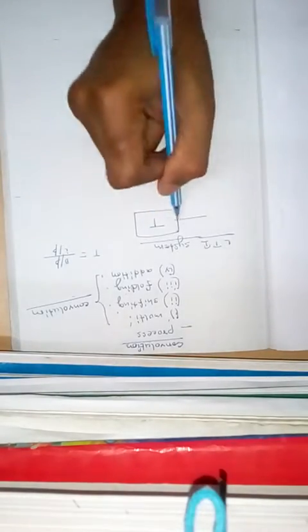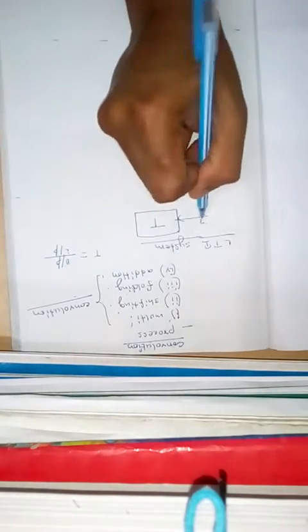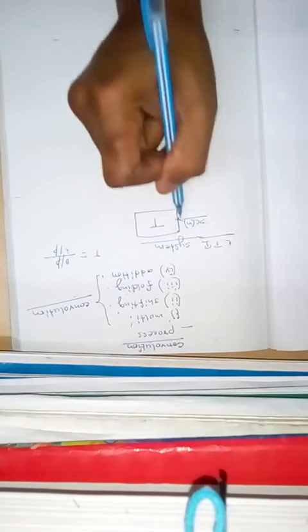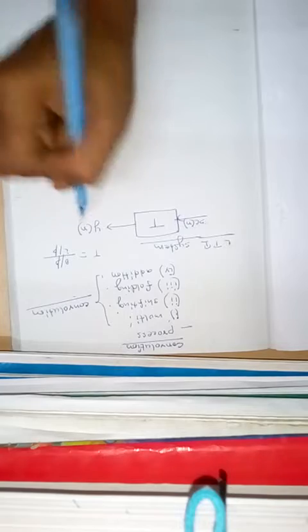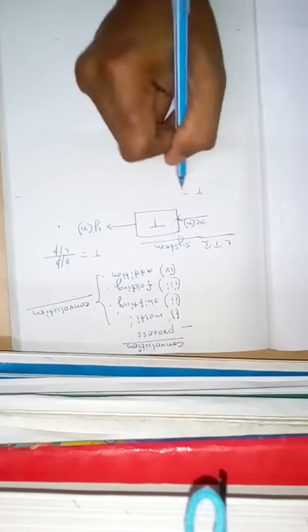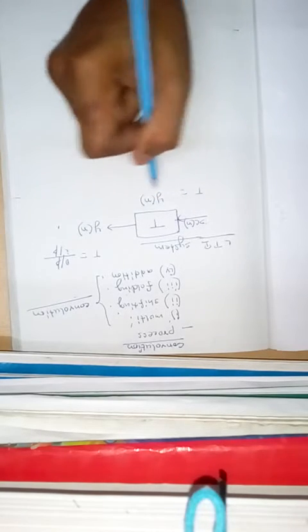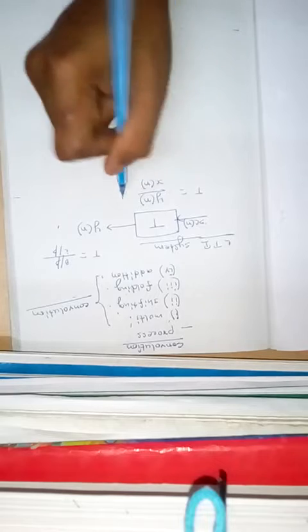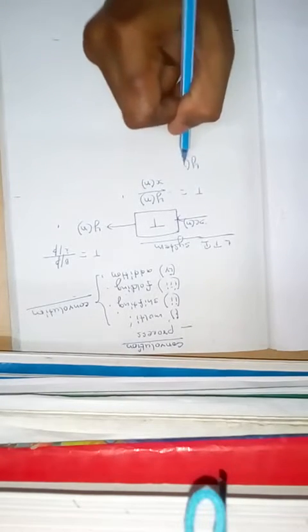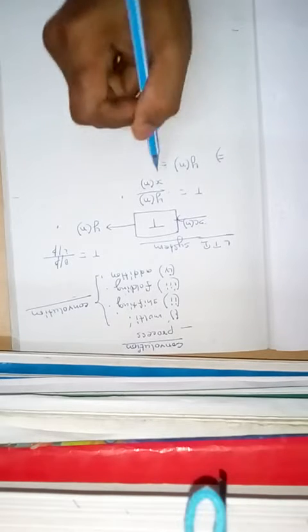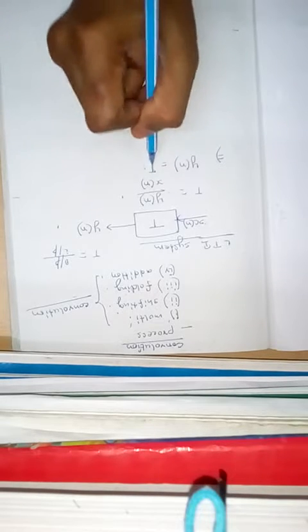Let us apply an input, name it x of n. This is the input applied on the system, and we are getting the output y of n. So the transfer function is y of n, the output by input. Here we can write y of n equal to T into x of n.